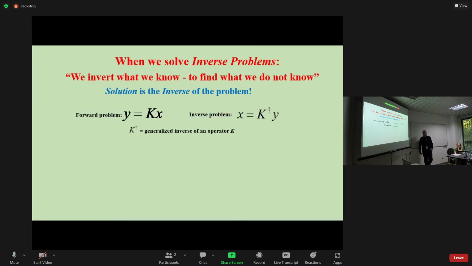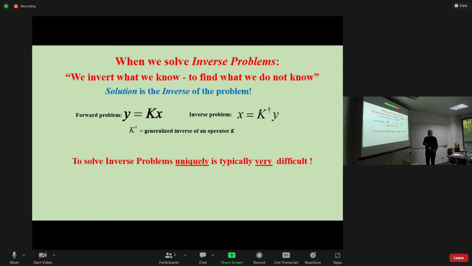So normally we solve forward problems. So here is a very simple equation. Actually, it doesn't need to be the linear line crossing the origin. X can be some very multifunctional equation of the data structure, and K is an operator. So solving the inverse problem, we have to find some kind of inverse of this operator.